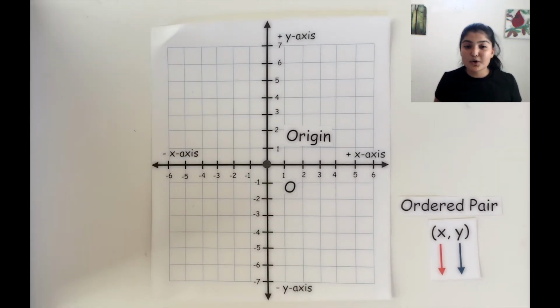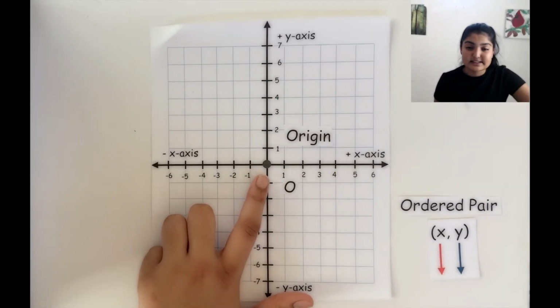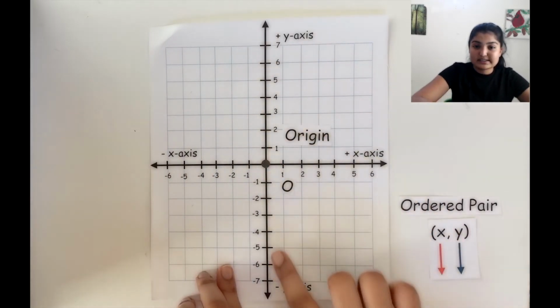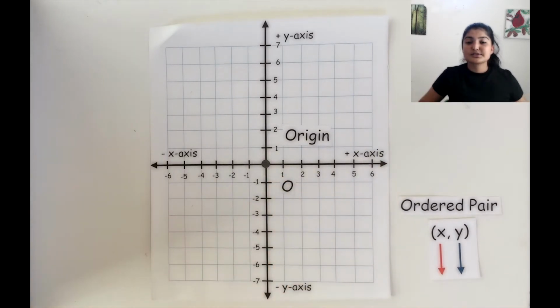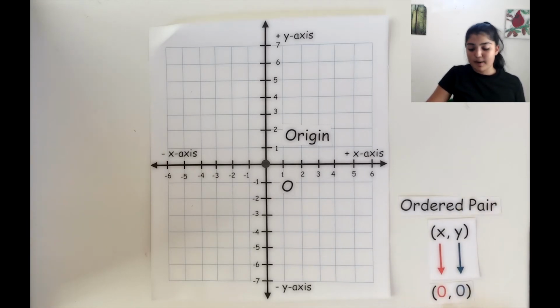So what's the ordered pair of the origin? Well, since we're already at the starting point, we don't move any horizontal or vertical distance. So the ordered pair of the origin is 0, 0.